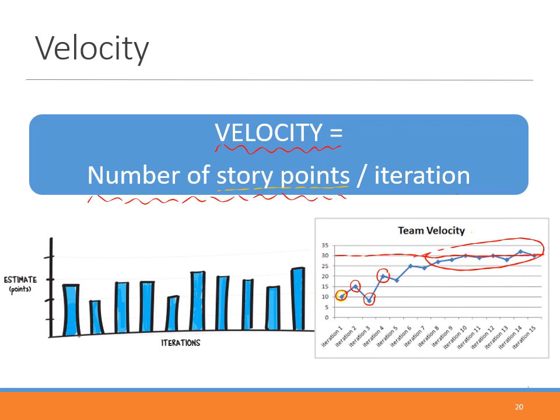You know that your team can do 30 effort points per sprint as a whole. Then when you choose user stories to be included in the sprint backlog, you choose them so that the total effort points for all stories within one sprint should be around 30, more or less, right?